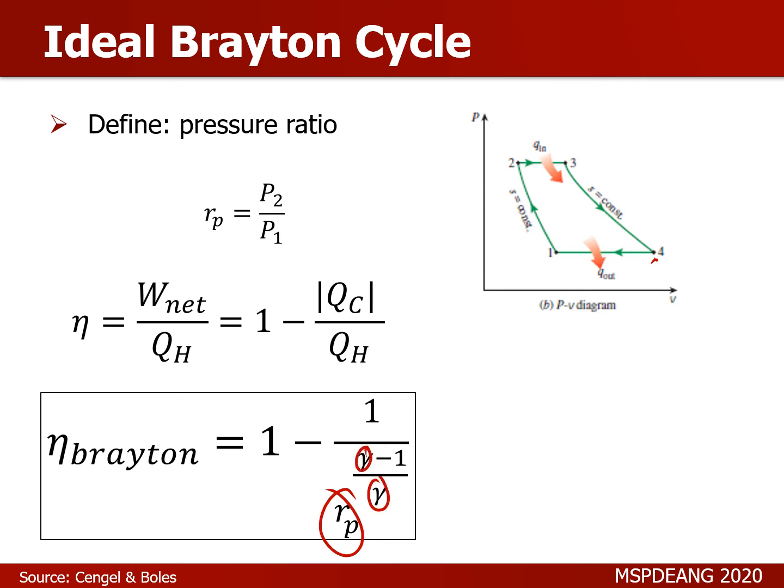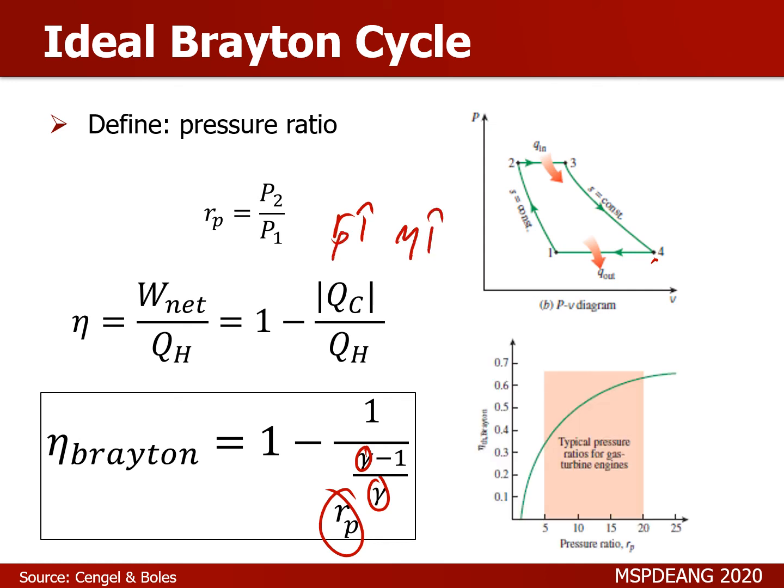And as you can see from here, as you increase the pressure ratio of your ideal Brayton cycle, you will increase your thermal efficiency. Typically, Brayton cycles operate on a larger range, from a pressure ratio of 5 to a pressure ratio of 20.